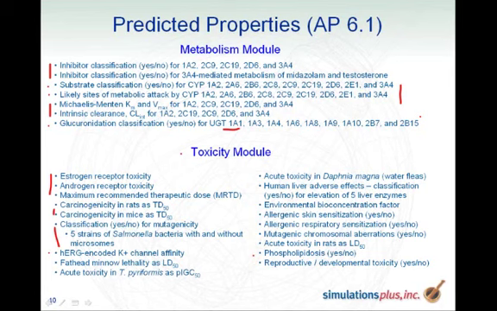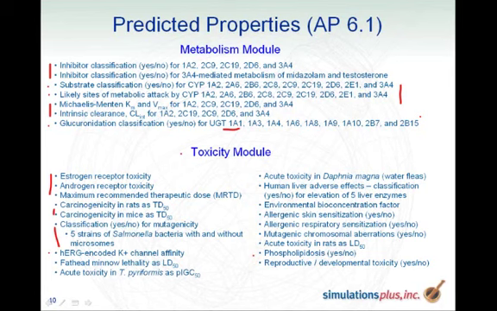We also have models of phase II metabolism involving glucuronidation. These are classification models for the UGT enzymes that are shown on the screen.